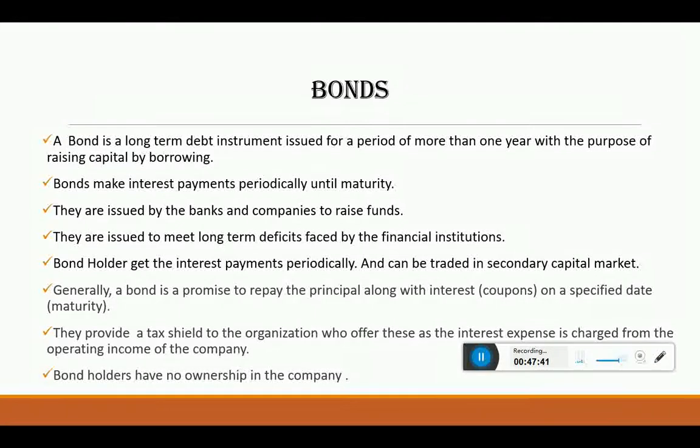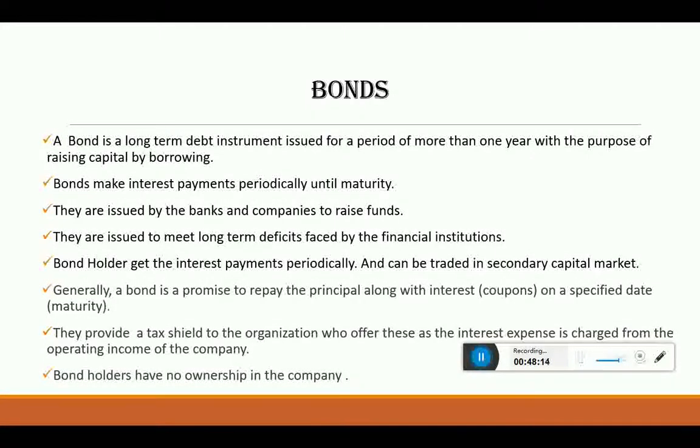Okay, the purpose is raising capital by borrowing money from the people, and they have interest rates whose payments are made periodically, and they are issued by the companies to meet long-term deficits. They can be traded just like other securities on the secondary capital market.